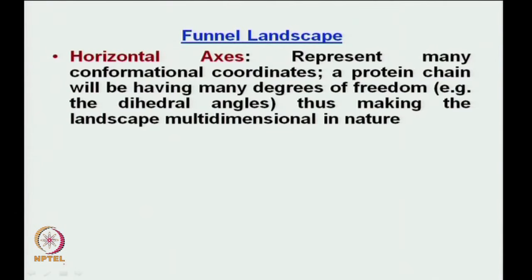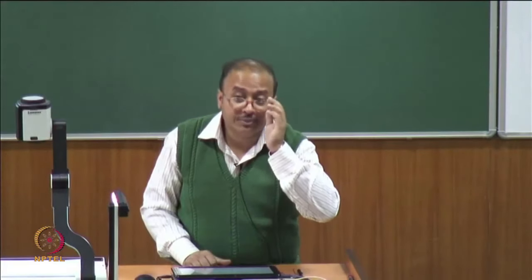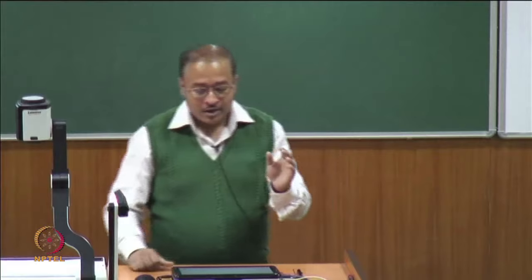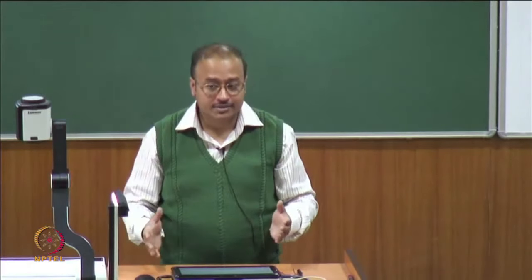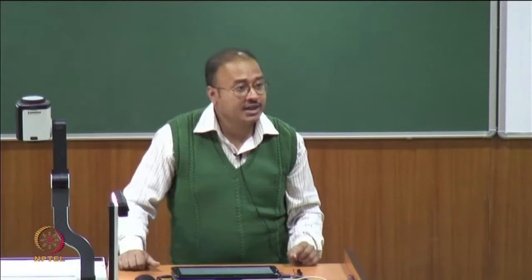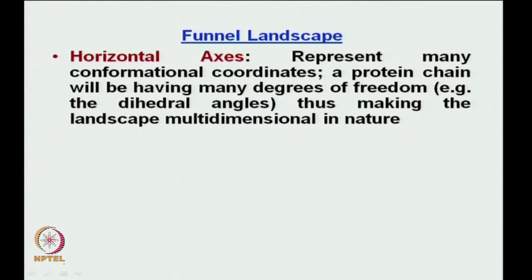Then what is your horizontal axis? Now I do not say axis, I say axes. Please try to get the meaning of this. Axes means multiple axes. Why do I say multiple axes? First of all, these horizontal axes represent many conformational coordinates.